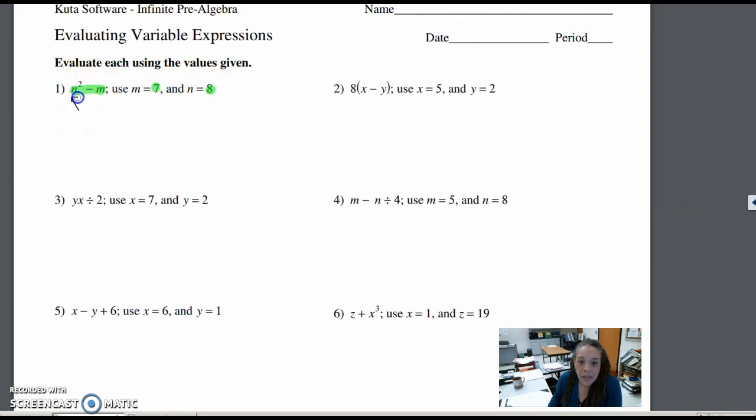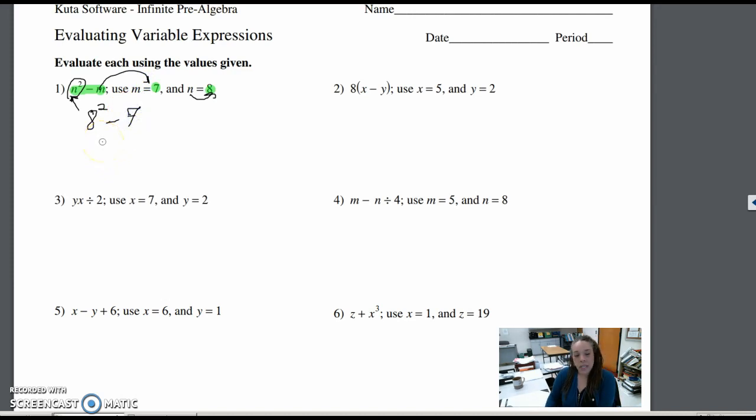Well, the n that they're telling us is to use the number 8. So really I'm going to put in 8 squared instead of n squared. That is substituting the given variable with the given number. Minus m, so instead of m, they want us to use the number 7. So I'm just going to put in the number 7.